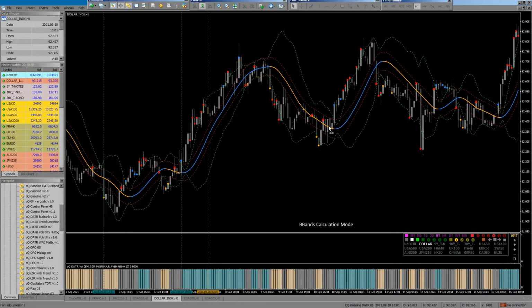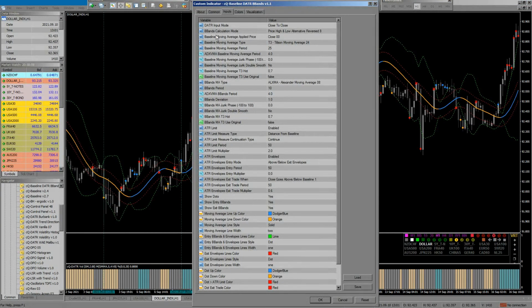Okay, the next thing I'd like to talk about is the B-bands calculation mode. In version 1, there were actually 2 different versions. One was based on the DATR to generate the Bollinger Bands, one for the up and one for the down. And then there was another one that basically used price. Well, I just combined them.